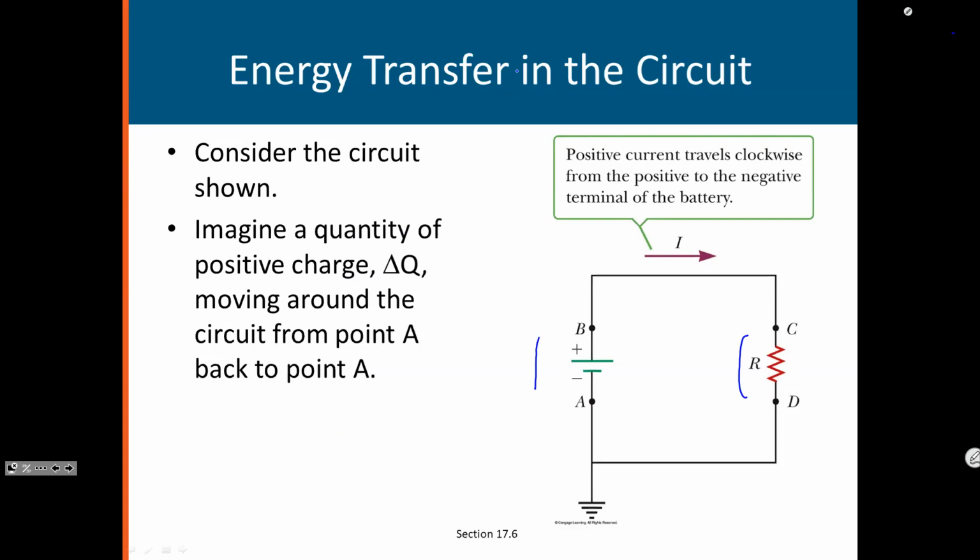To keep the discussion simple, the negative terminal end is A, the positive terminal end is B. So the potential difference delta V_AB will be the voltage of the battery. Say if it is a 9-volt battery, the potential difference across the terminals is 9 volts.